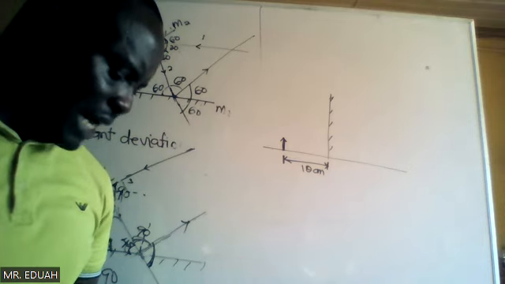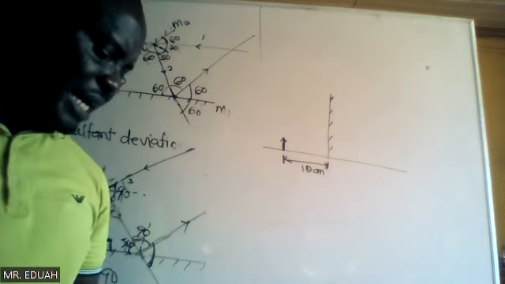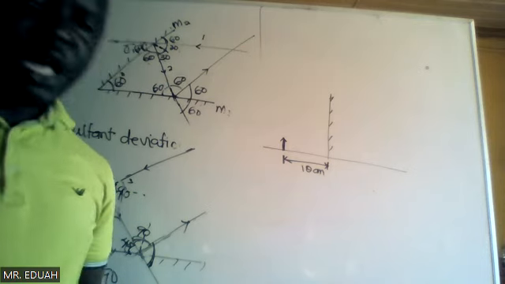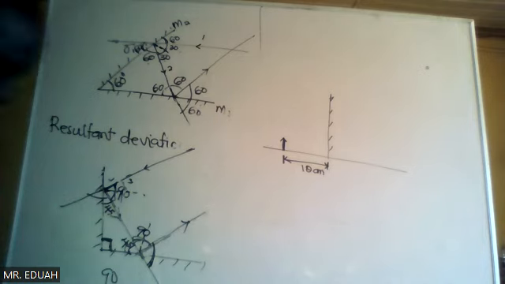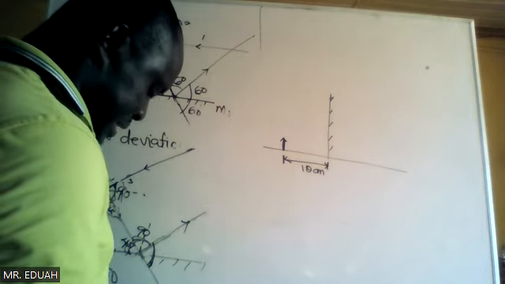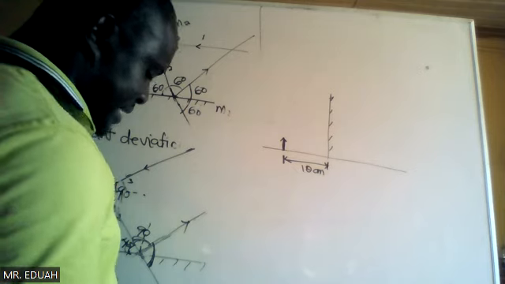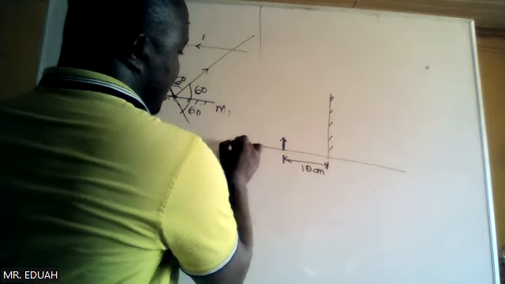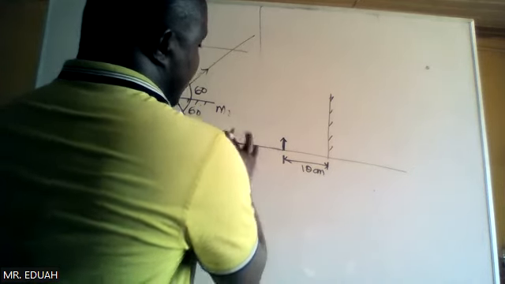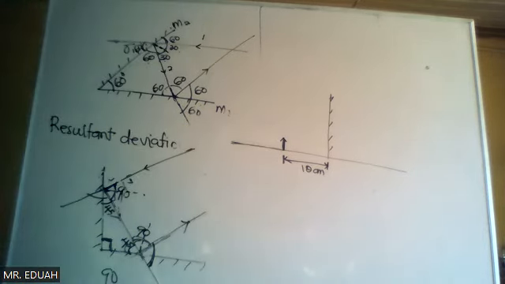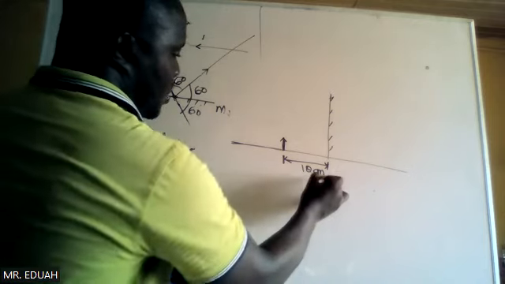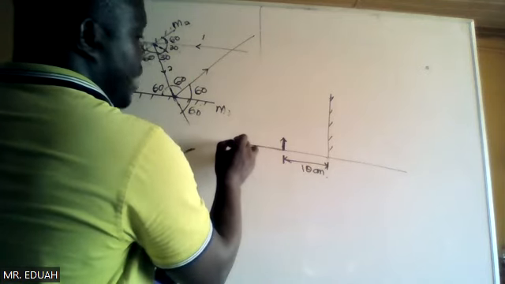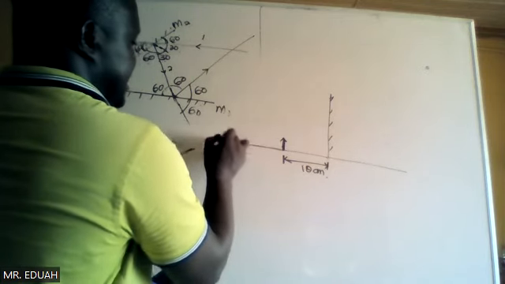If you stand behind the object 30 centimeter from the mirror, so Adoma stands 30 centimeter from the mirror. So if this is 10, then from the object to where you stand must be 20.